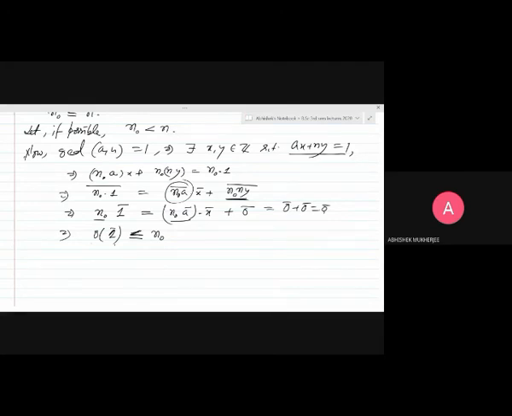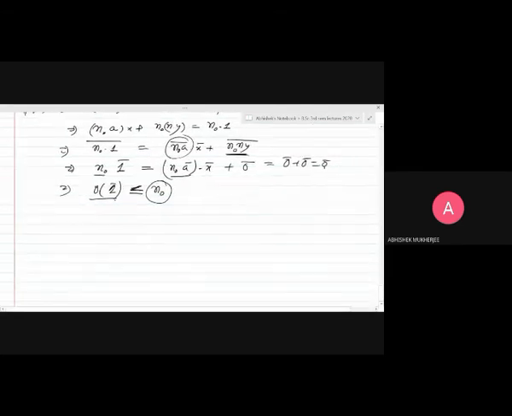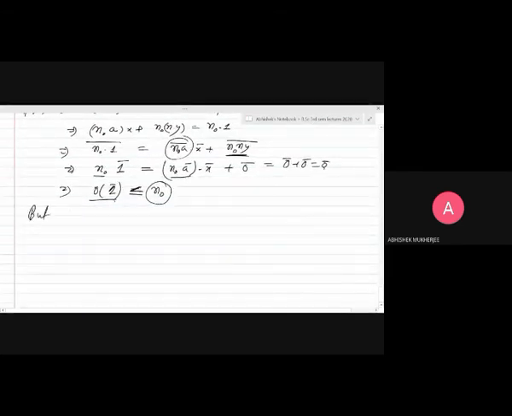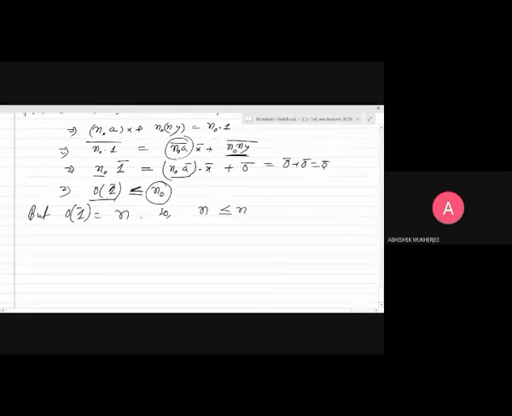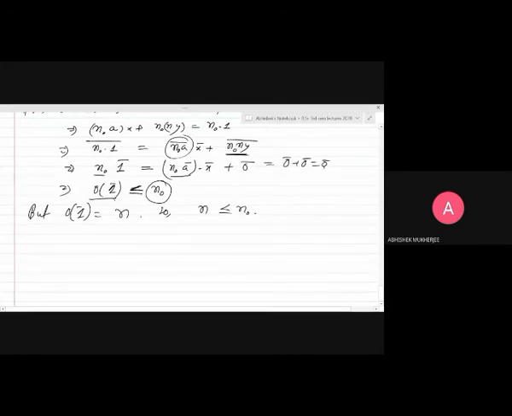But what is the order of 1 class? Order of 1 class is always n. So n is less or equal to n naught, right?